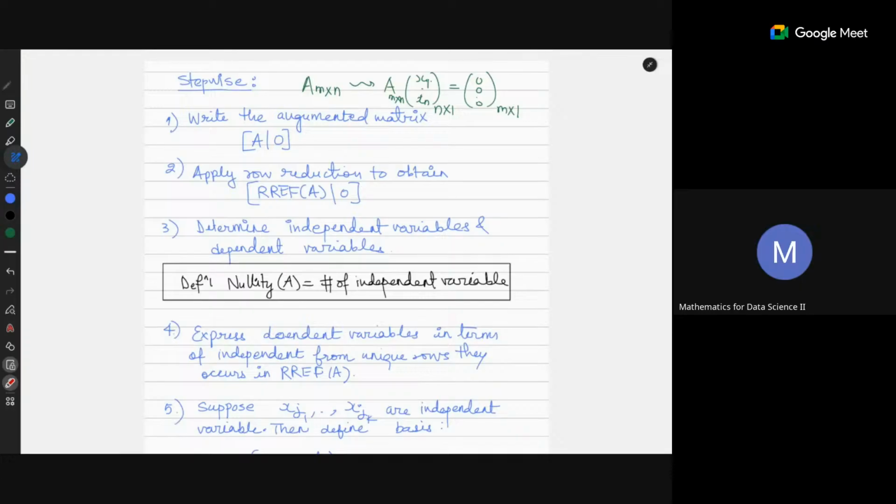It remains 0, so that column is redundant and you can get rid of it. So you can just look at A and get the RREF form of A by performing row reduction. Once you do that, you determine the number of dependent variables and independent variables, as you did in this case.